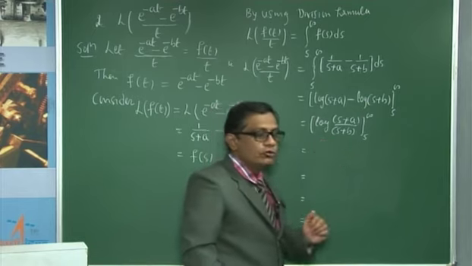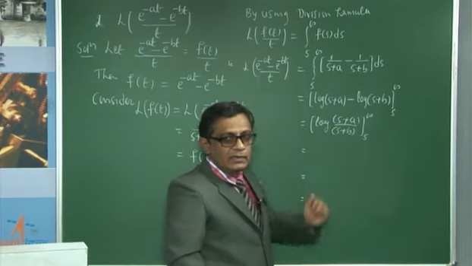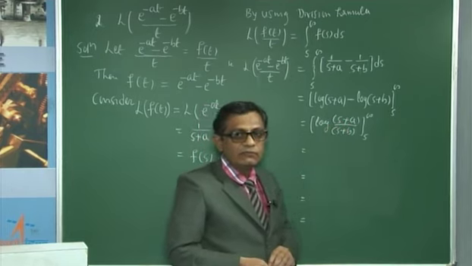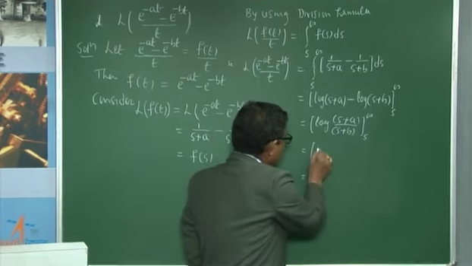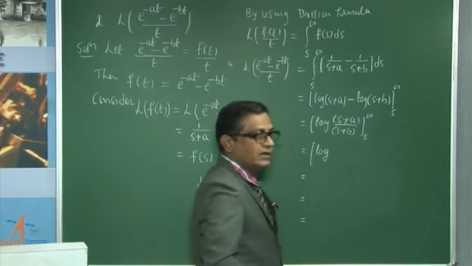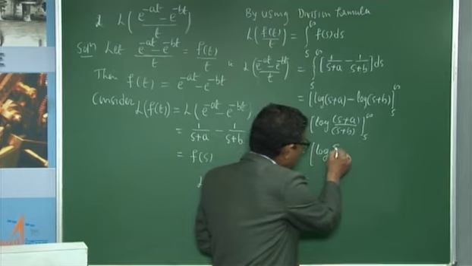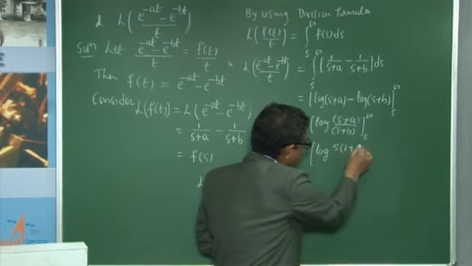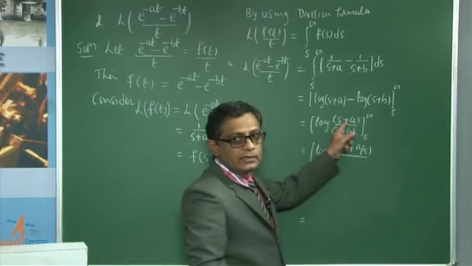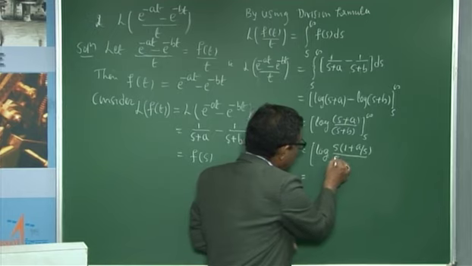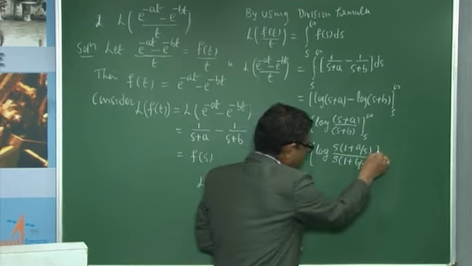Now if you substitute directly the upper limit, log infinity is once again not defined. You have to simplify this one. How to simplify this one? In numerator and denominator, you take s outside, 1 plus a by s. If you take s in the numerator outside, then in the denominator also you can take s outside.